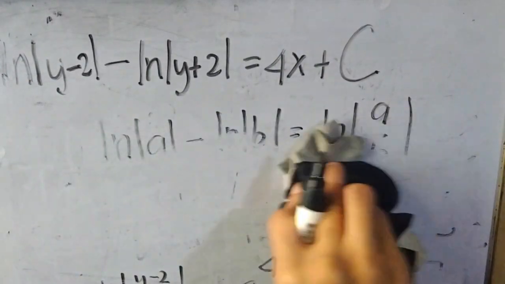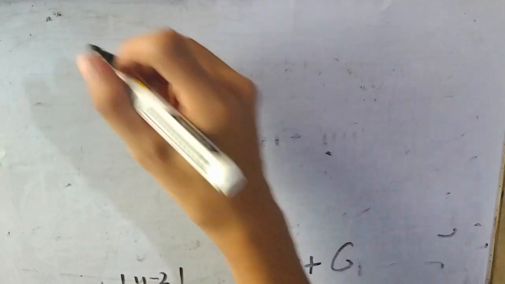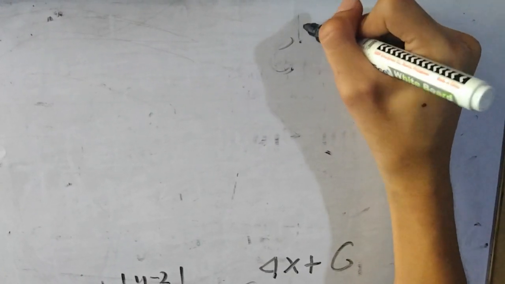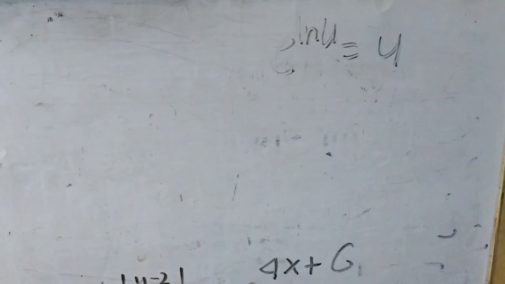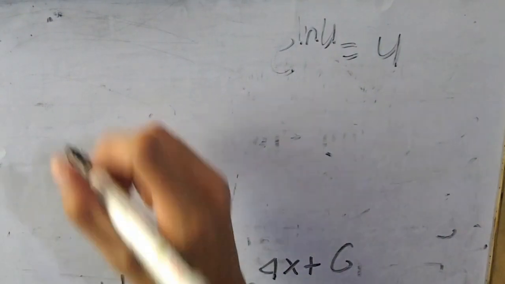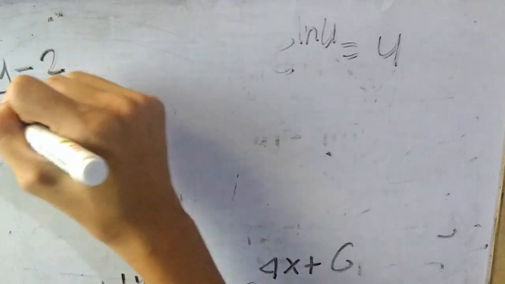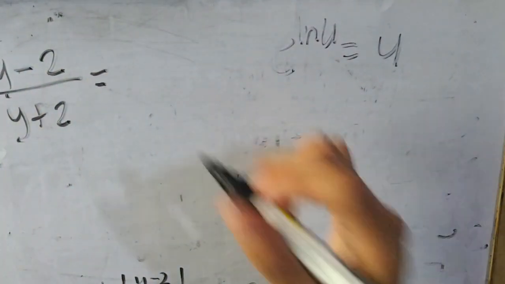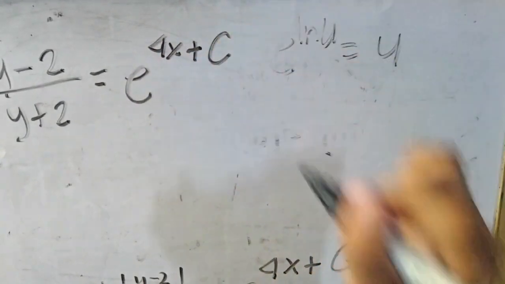So now this will be cancelled, and the remaining is, we will remember, ln u is equal to u. So therefore, if you cancel this, this will be y minus 2 over y plus 2. Then copy e to the 4x plus c.